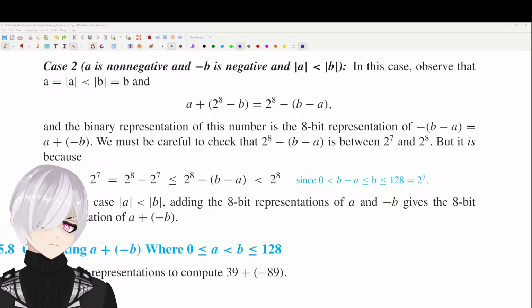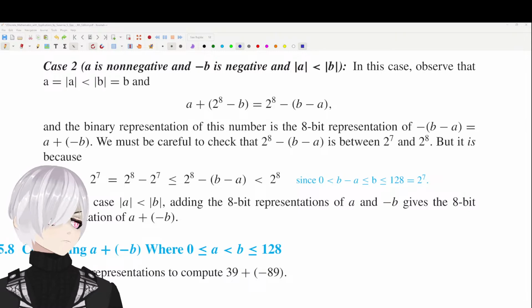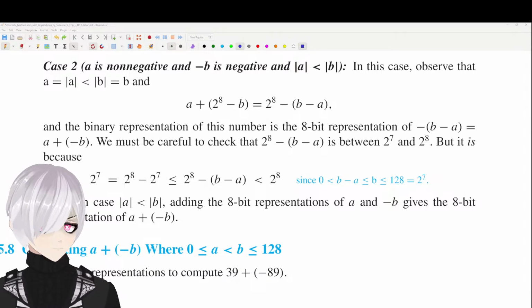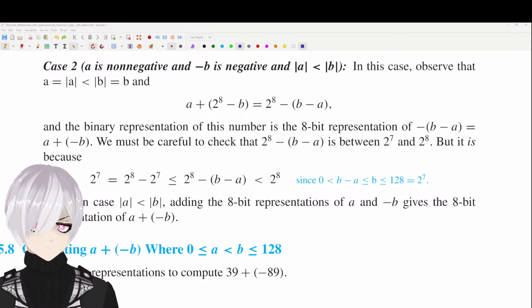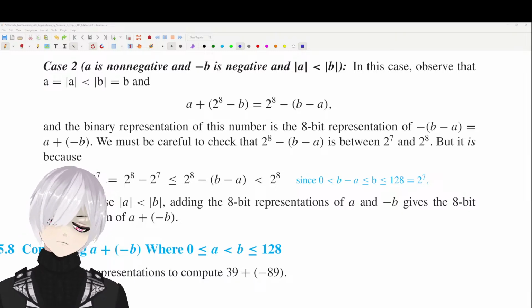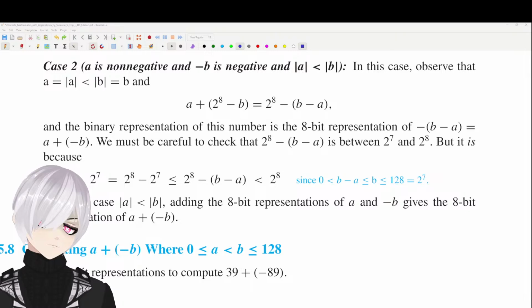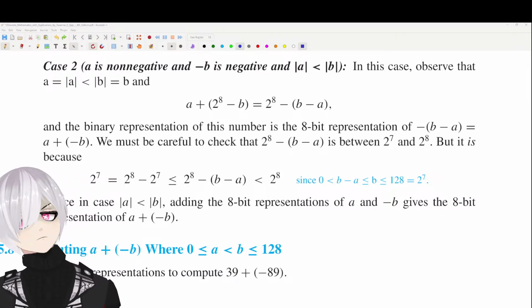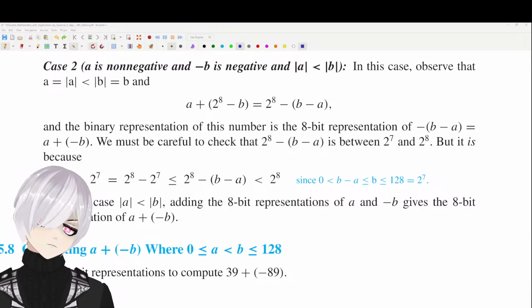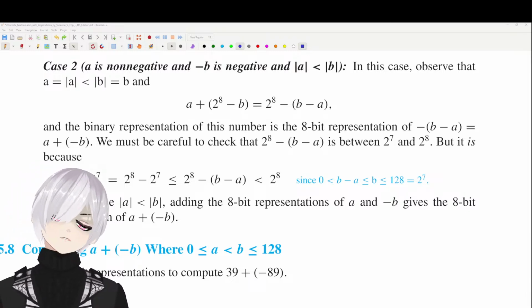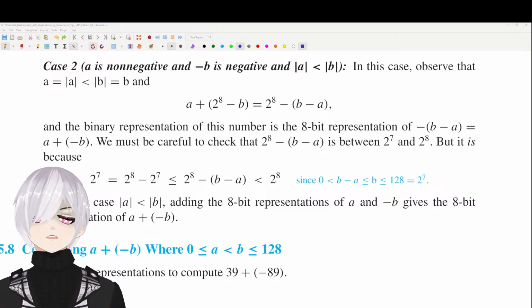I think they're just saying that because a is non-negative, so it equals its absolute value. Negative b is negative, so b is the absolute value of negative b. So since the absolute value of a is less than that of b, it follows that a is less than b, because each of those is non-negative, so each of them equals their absolute value.